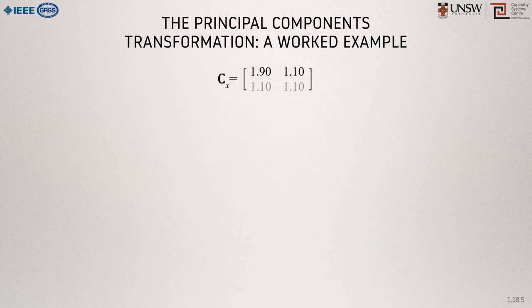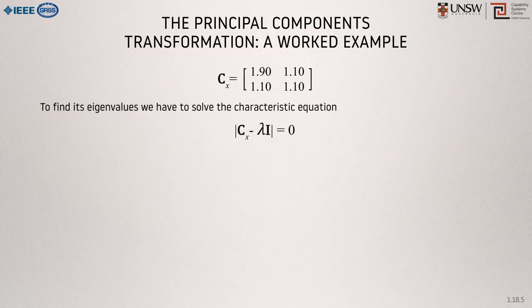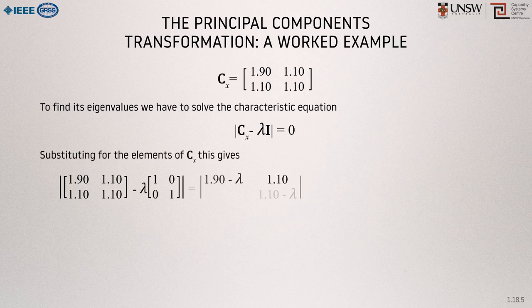To solve the characteristic equation, we substitute for the covariance matrix, as shown here. When matrices are added or subtracted, that is done element by element, also as seen here. For this simple two-dimensional case, the determinant is evaluated using the expression in grey on the right-hand side of the slide.